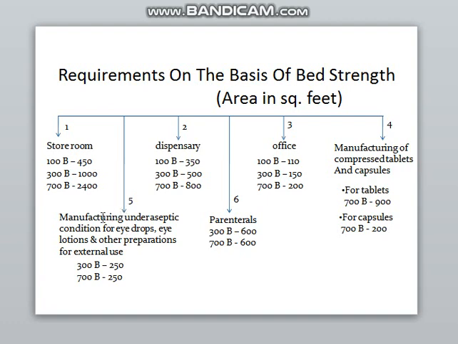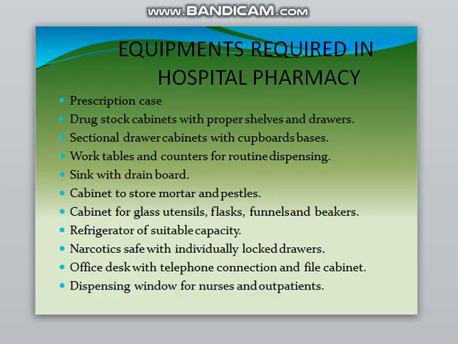For manufacturing under aseptic conditions, for eye drops, eye lotions and other preparations for external use, 300 beds require 250 square feet and 700 beds require 250 square feet. For the parenteral rooms, 300 beds require 600 square feet and 700 beds require 600 square feet.